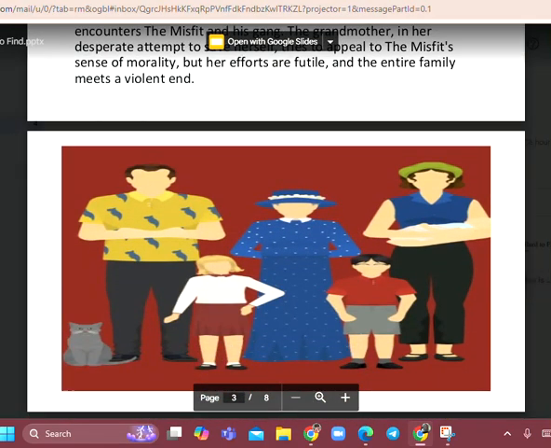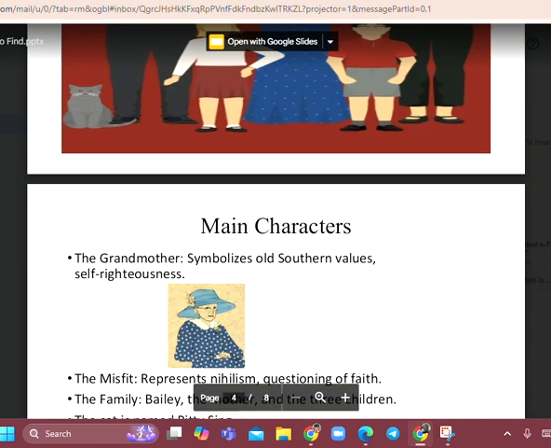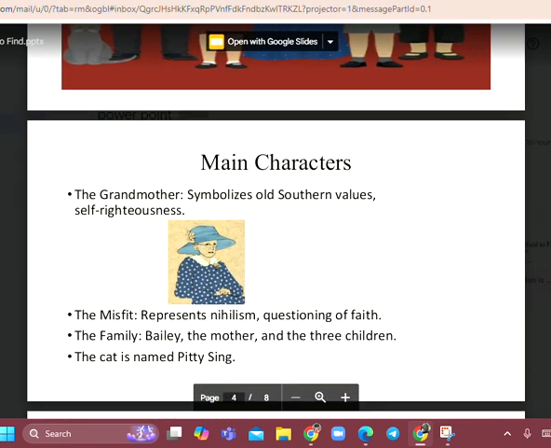This is a picture of the family, or the characters in the story, excluding the Misfit and his gang. So the main characters of the story are the grandmother, who symbolizes all Southern values, who think of themselves as self-righteous.